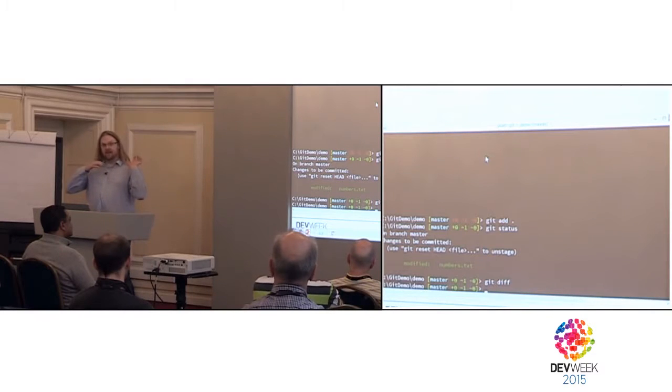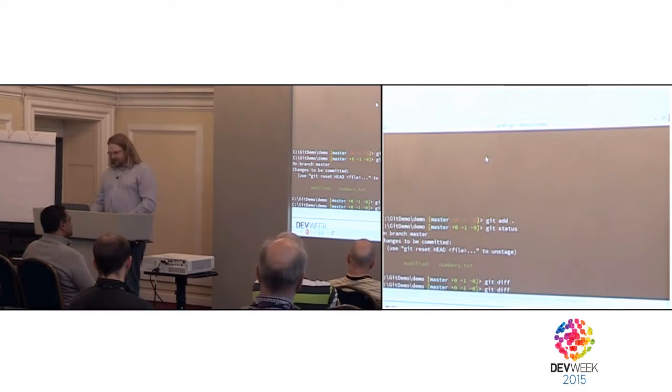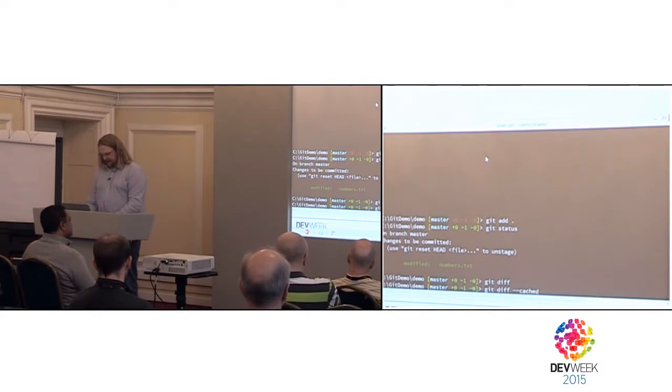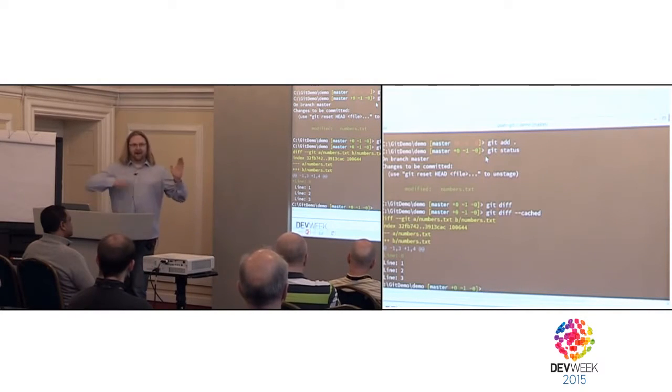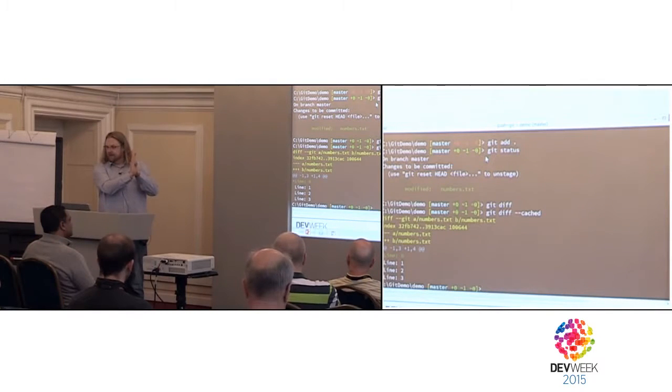The changes that I need to make are in my staging area. I can see what those are by adding cached. So I can see the difference between the staging area and the repository by doing a git diff double minus cached.